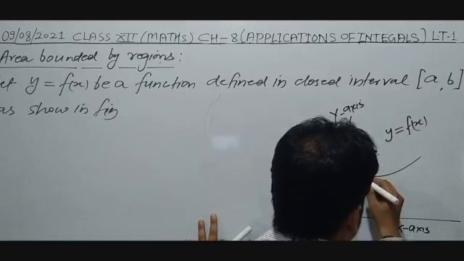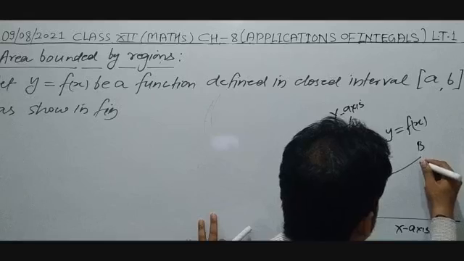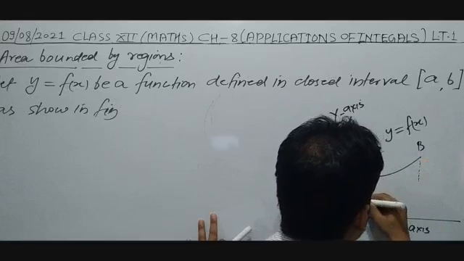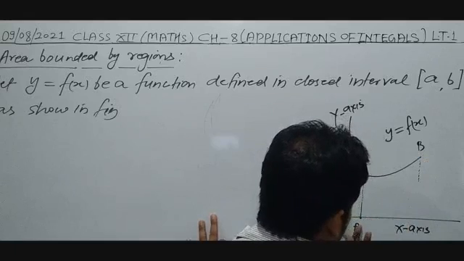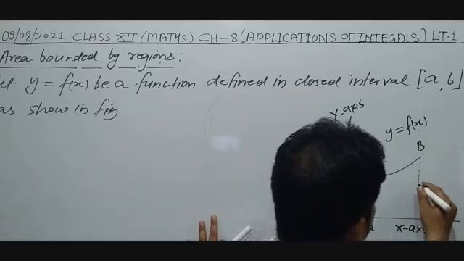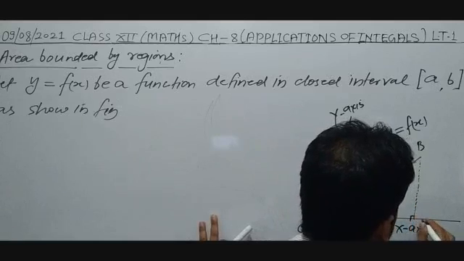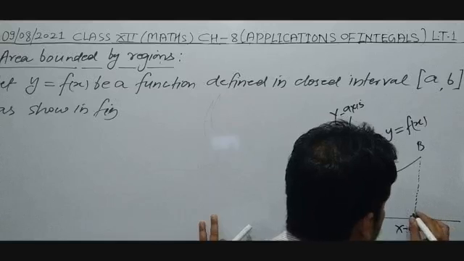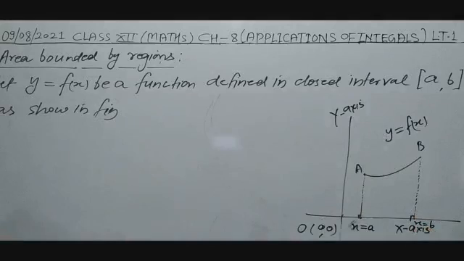When you draw the perpendicular from points A and B, you will get this point, suppose P, where x is equal to a, and again the perpendicular from B gives the point x is equal to b. This curve is defined between a to b in a closed interval.